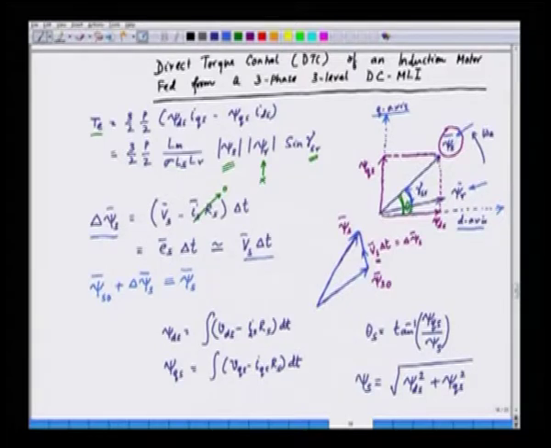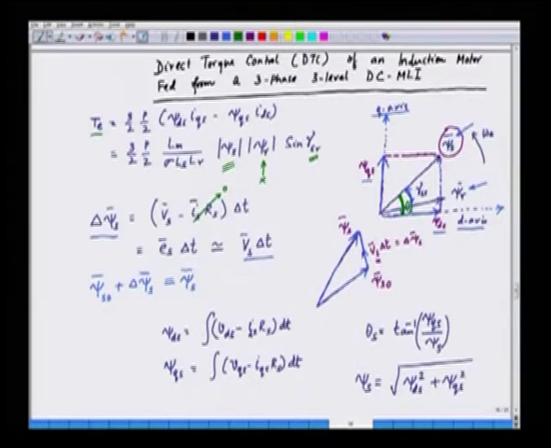The stator flux vector psi s can be resolved into two components: one component is along the d axis, which we call psi ds, and the other component is along the q axis, which we call psi qs. So, we have two components of the stator flux linkages, and we can find out this angle theta s, the angle theta s that we discussed in the last lecture.